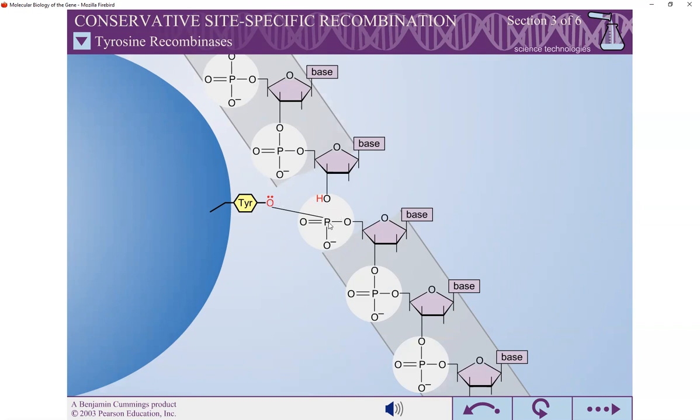Once the phosphodiester backbone is broken, the tyrosine recombinase forms an ester bond with the phosphate molecule. It will release the supercoiling, and will again rejoin the phosphodiester bonds between the other molecules, rather than a serine side chain. Next point.